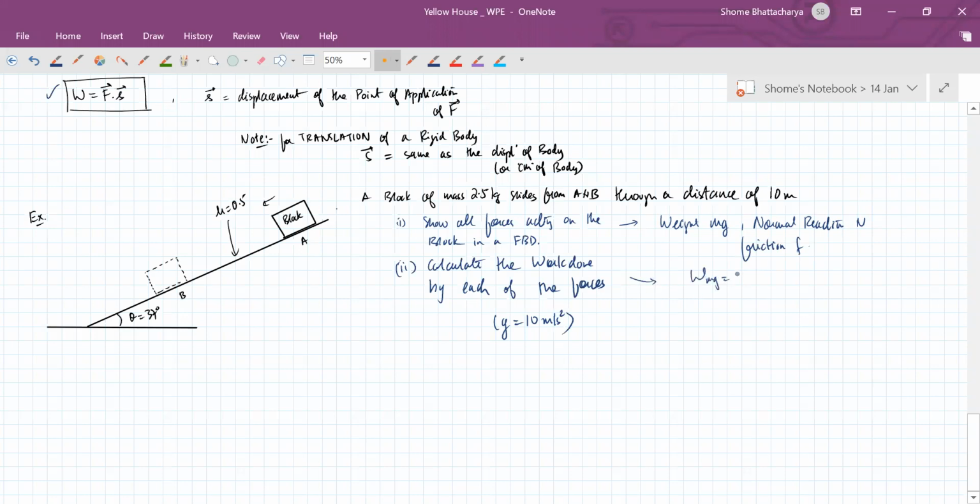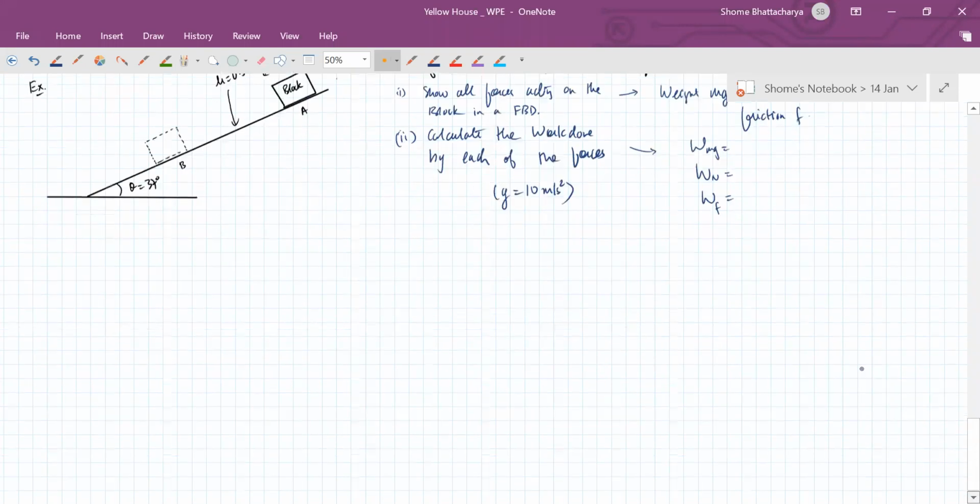How much is the work done by mg? How much is the work done by the normal reaction? And how much is the work done by the friction as the body is displacing from A to B? So let's look at this.